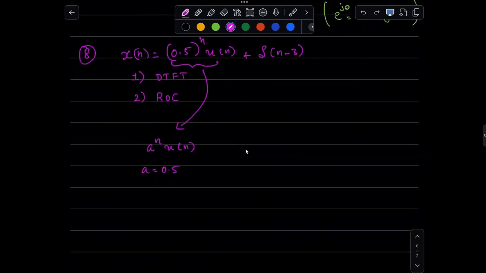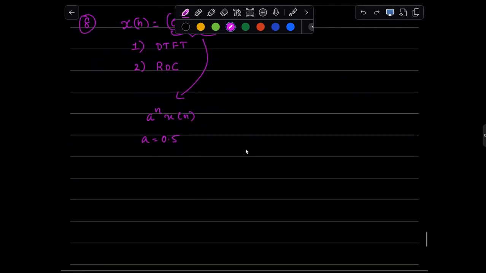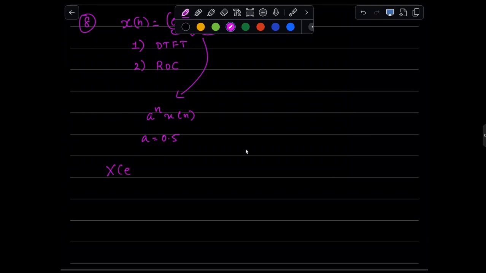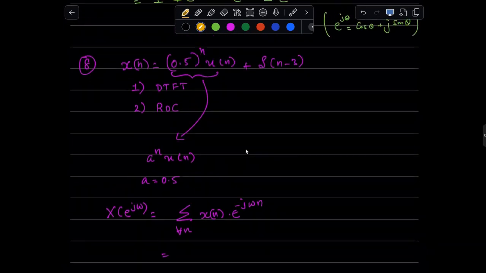So the Fourier transform I will solve with the steps anyway. So x of e power j omega is equal to summation for all n x of n into e power minus j omega n. So we can calculate it easily. You see the signal is only in this duration.